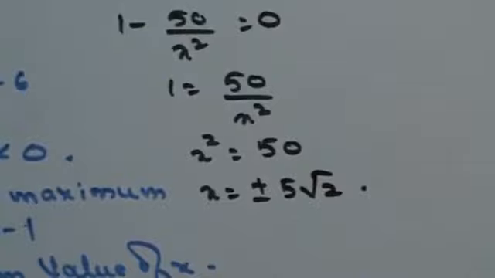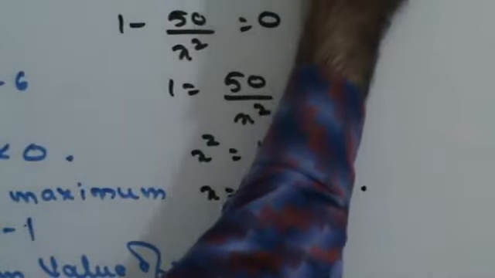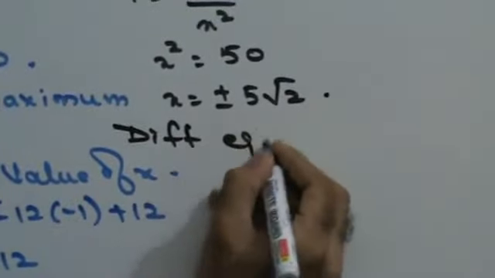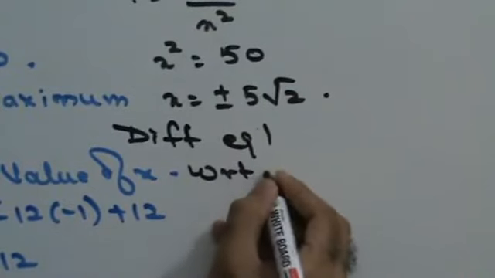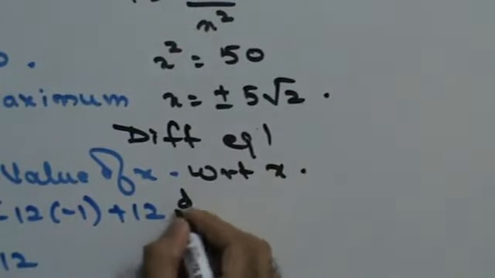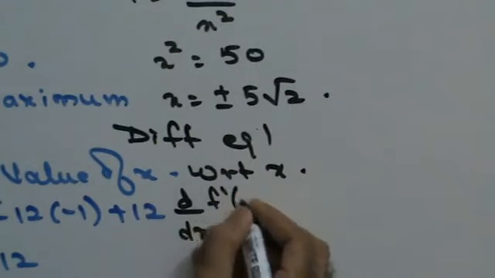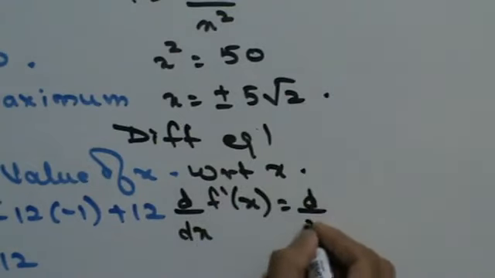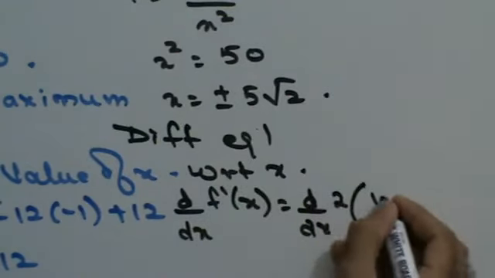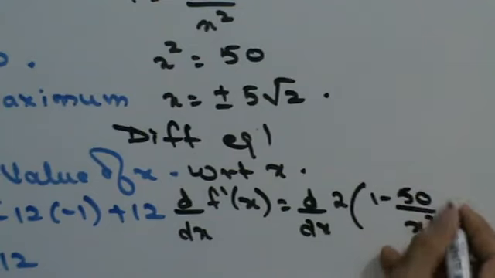Right? Now, we will call the first order derivative equation to be equation 1. I'll differentiate equation 1 with respect to x. So you will get d by dx of f bar of x is d by dx of 2 into 1 minus 50 upon x square.